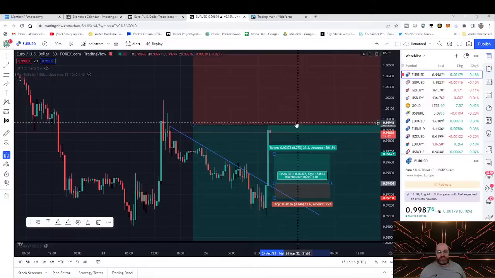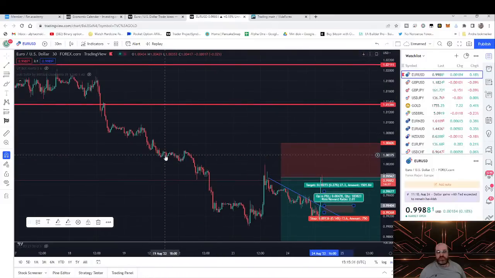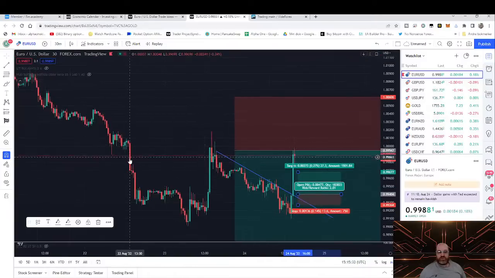As you can see, we got it perfectly, and that's why that was an amazing entry we had here. We basically got the retest a little while ago, maybe here, yeah, they broke it here, we got the retest here. So the entry we got was so good that we did not need to go to the 4-hour.